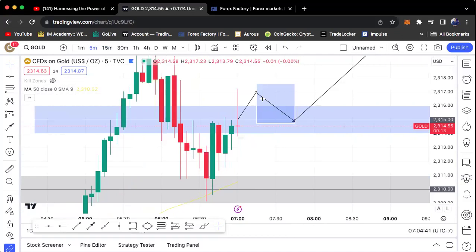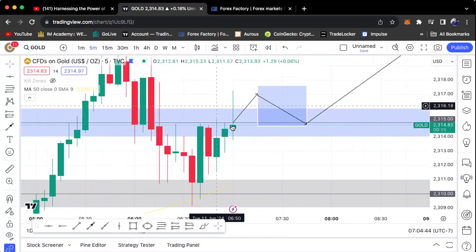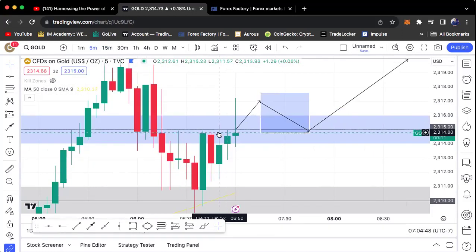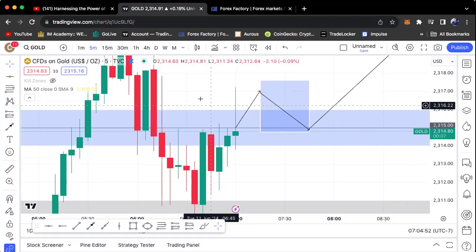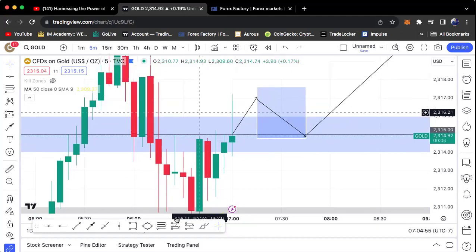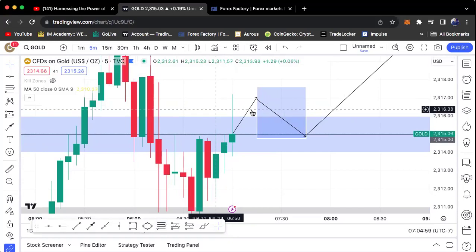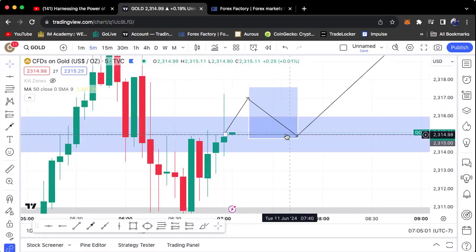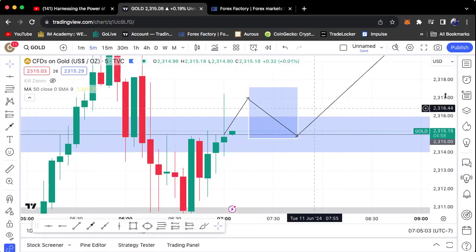You want to see a successful break of structure. It hasn't closed above structure yet; it's still moving within my zone. You want to see a close above structure, then a retest, and then a continuation to the upside.